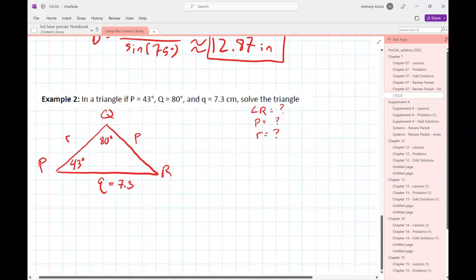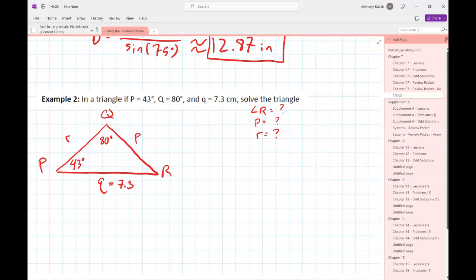All right. What should I find first? Angle R, side P, or side R? Angle R, right? And how would I do that? Yeah, add them up and then subtract them from 180.